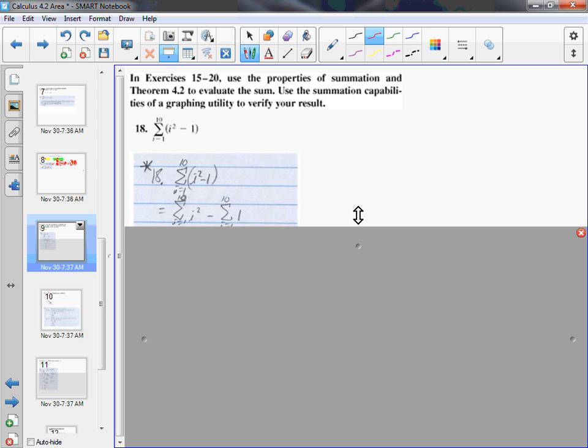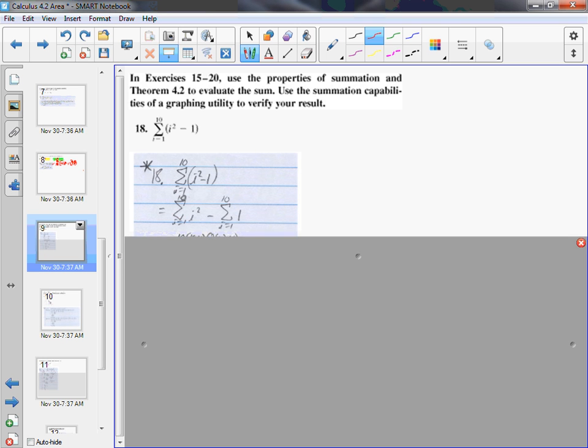In this case, it's actually minus the sum of the second one, isn't it? So the sum from I equals 1 to 10 of I squared minus the sum from I equals 1 to 10 of 1. Do we have a theorem that tells us how to find the sum from I equals 1 to 10 of I squared?